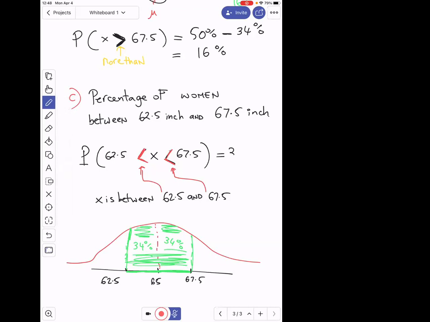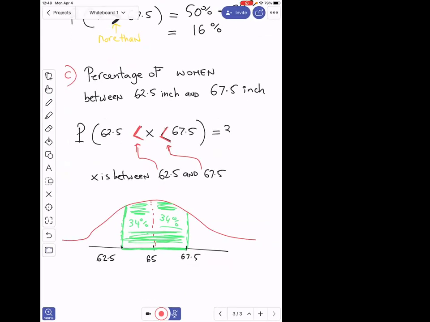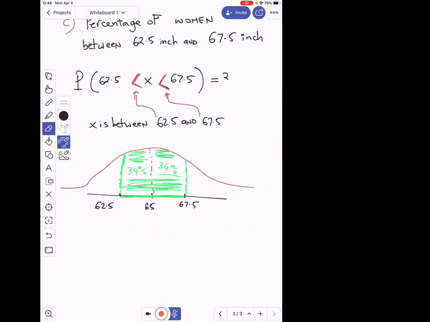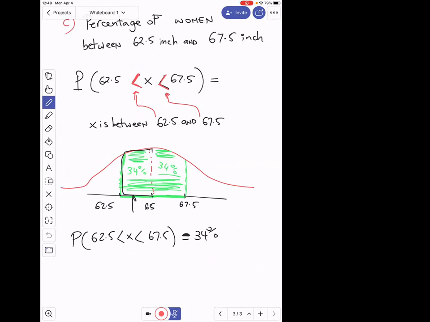So x between 62.5 and 67.5 would be equal to 34% plus, so let's say this 34 here, right? And another 34 here.